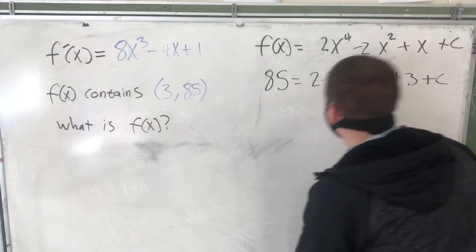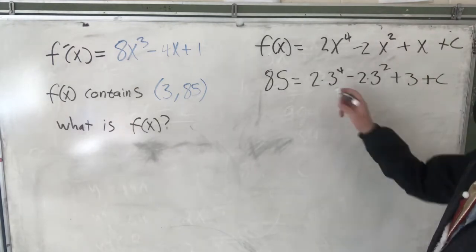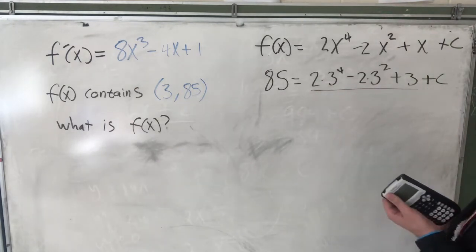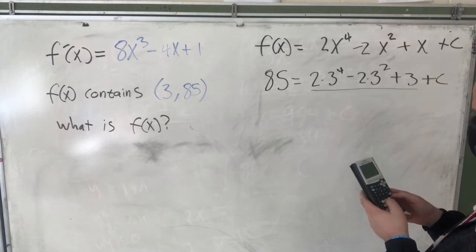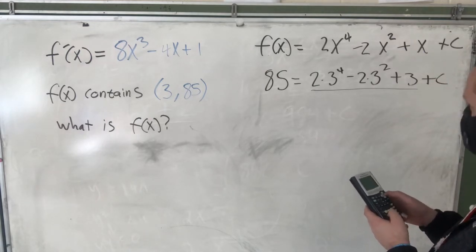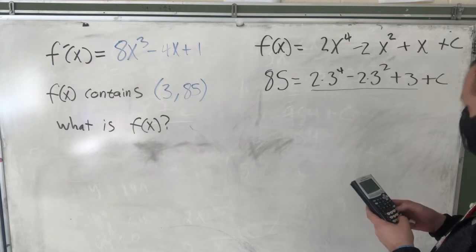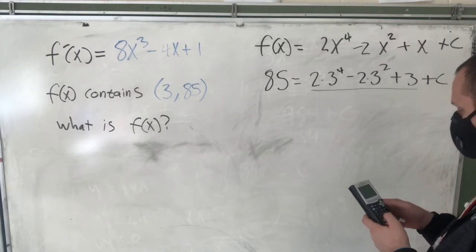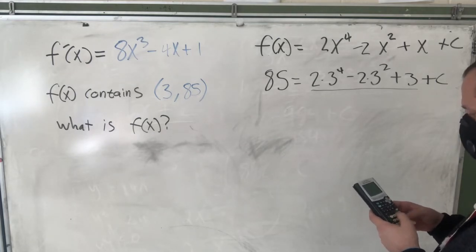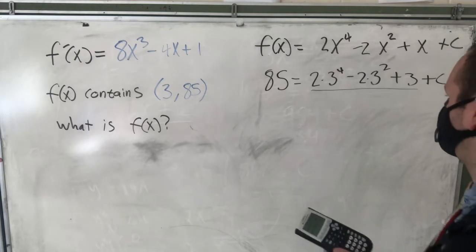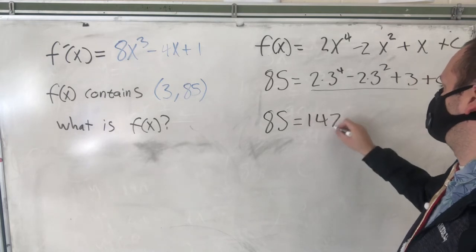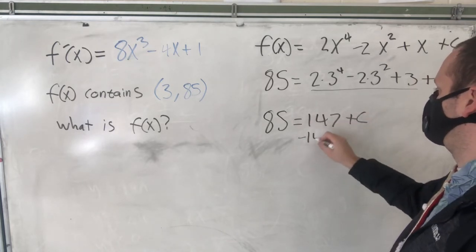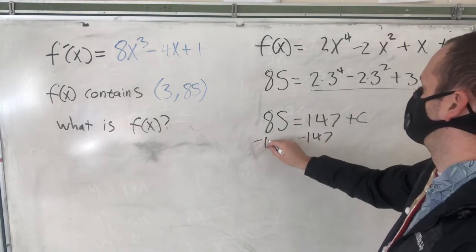Again, I'm going to use my calculator to figure out this part. I'm just going to plug it into the calculator real quick and get my answer. 2 times 3 to the fourth minus 2 times 3 squared plus 3. I get 147. So 85 equals 147 plus c, minus 147 from both sides.